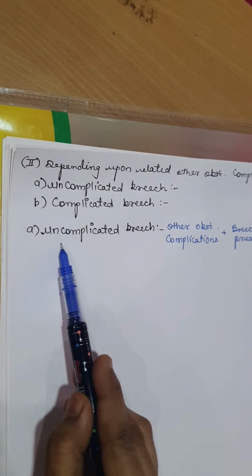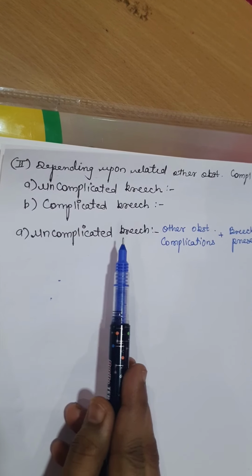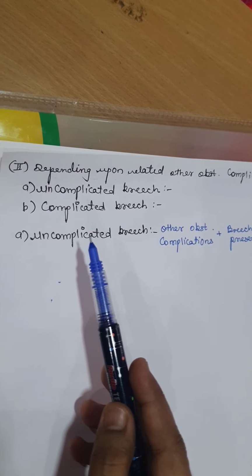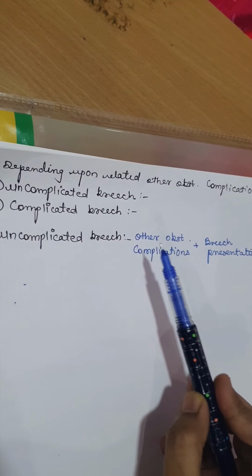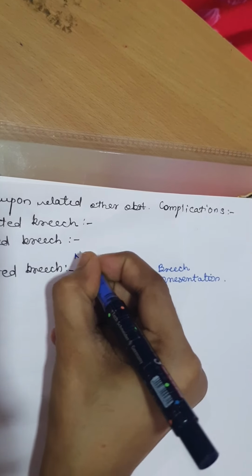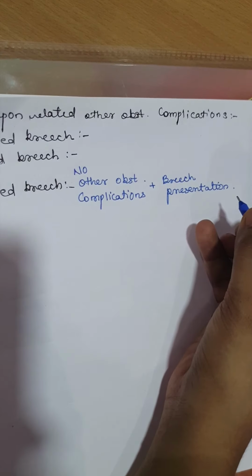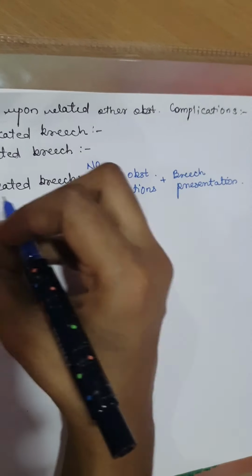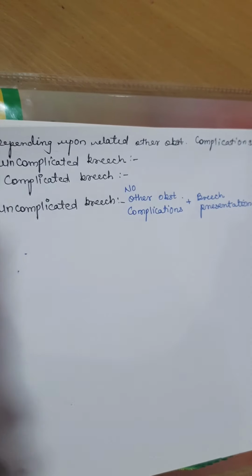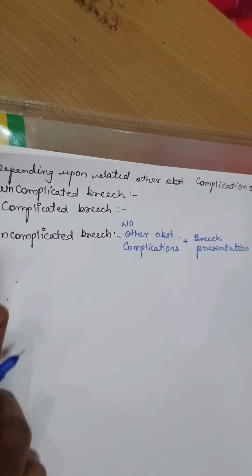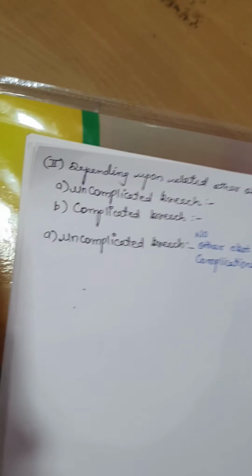So the first is the uncomplicated breech. The name itself defines it: if no other obstetric complications are present along with the breech presentation, then it is called uncomplicated.